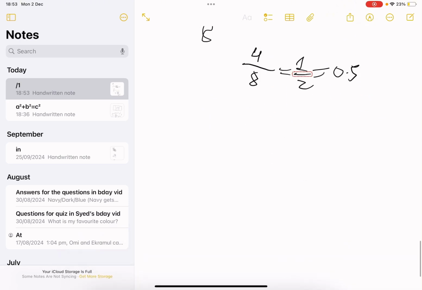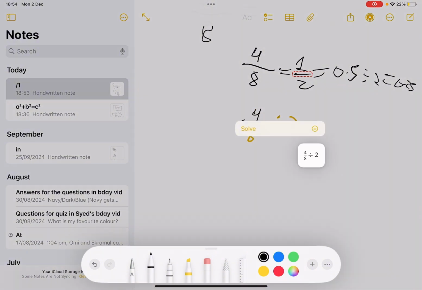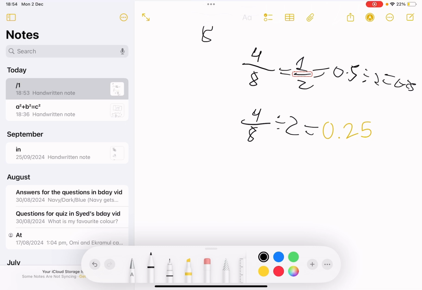So that implies that you can do divide by 2, which is equal to 0.25. Let me quickly explain why. 4/8 divided by 2, you can use KCF to get 0.25.